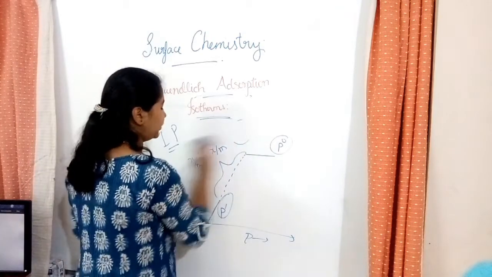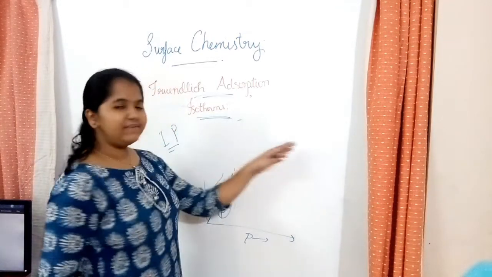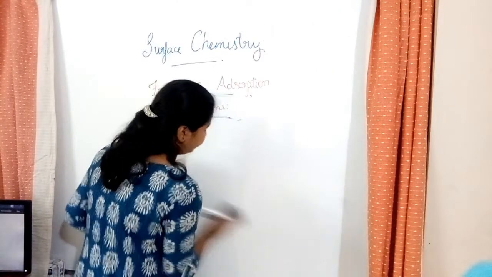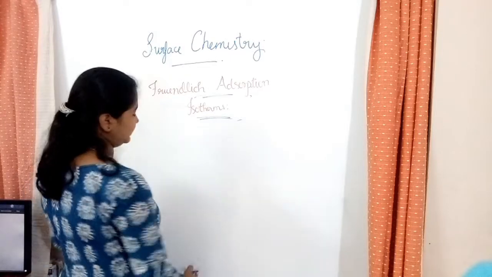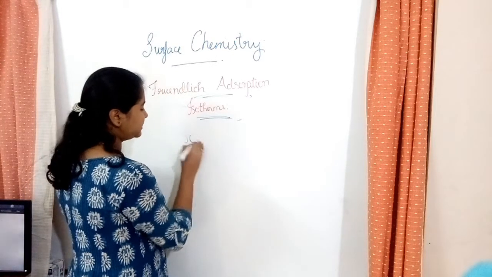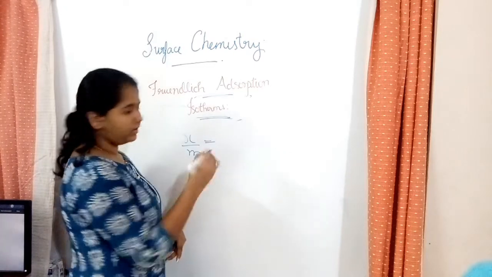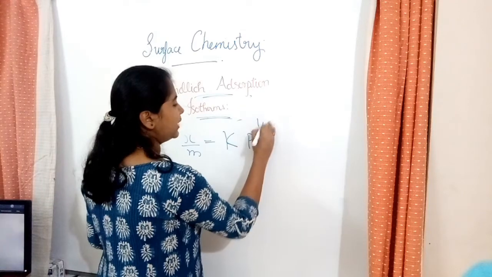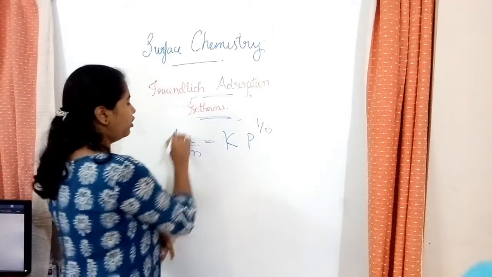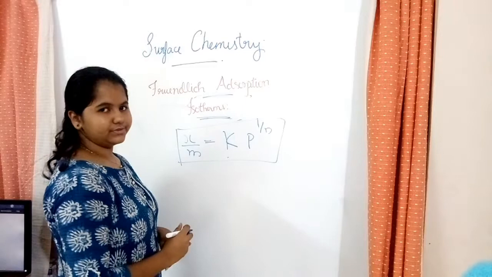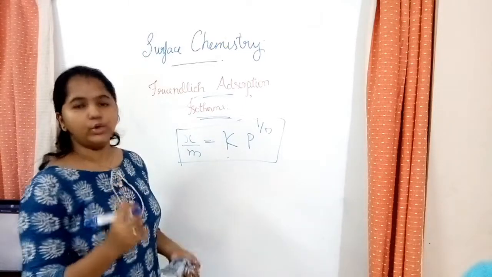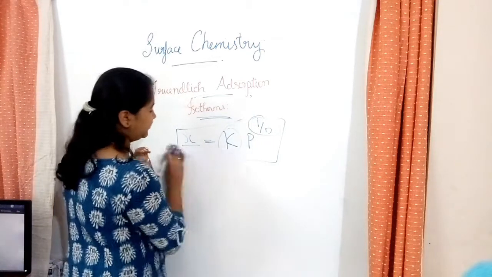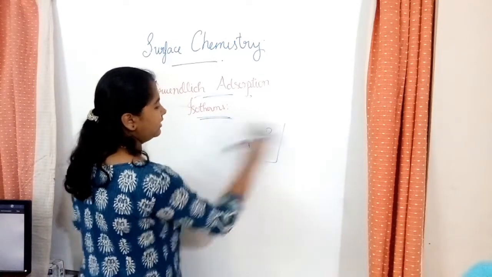Now after this graph, what can we conclude? We can conclude an equation from this. So the Freundlich adsorption isotherm equation is x by m is equal to k P raised to 1 by n. Now we don't know the value of k and 1 by n. How do you find it out? Let's take log on both sides.